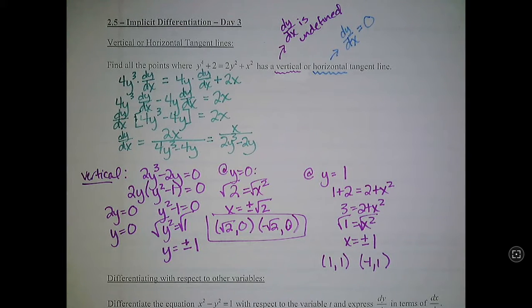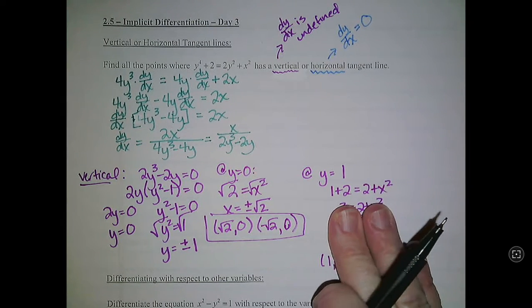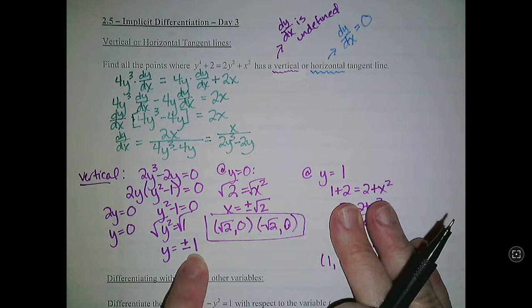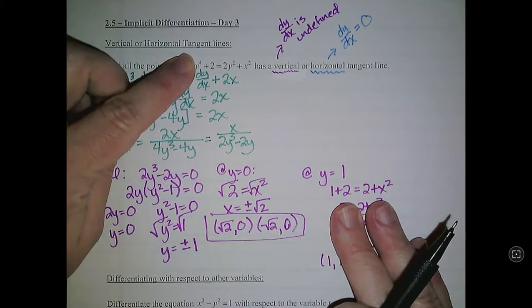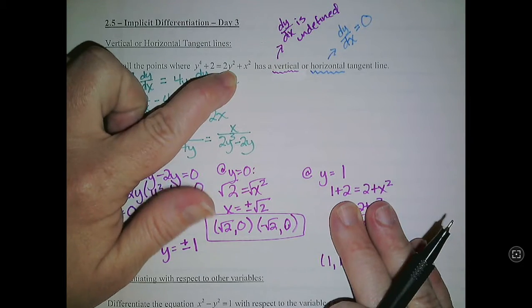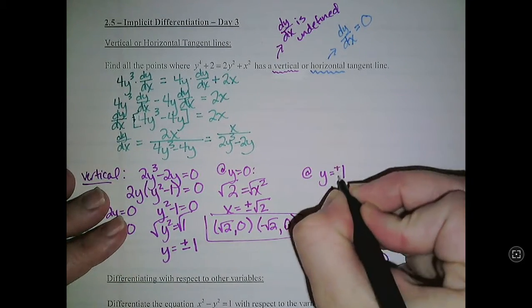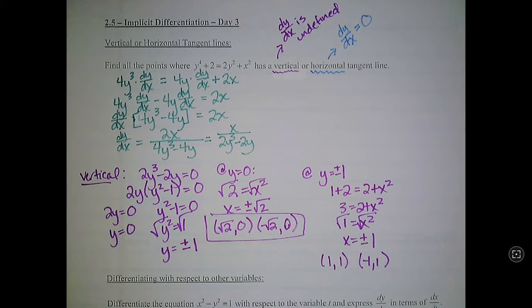Now notice what happens at my third possible value of y. If I plug negative 1 in for y, then I'm basically going to get back to this same equation, because if I raise negative 1 to the power of 4, I'm going to get 1. And if I square negative 1, I'm also going to get 1. So this is really true whether y is positive or negative 1. So if y is negative 1, again, I would have 2 possible values of x, plus or minus 1.